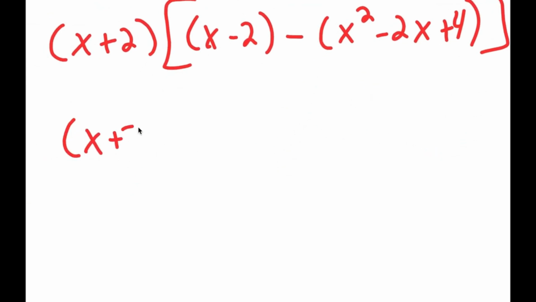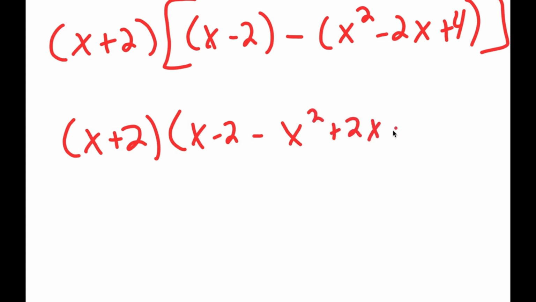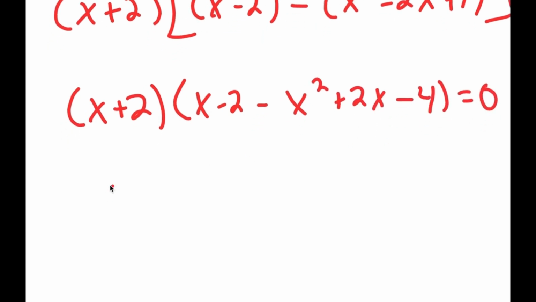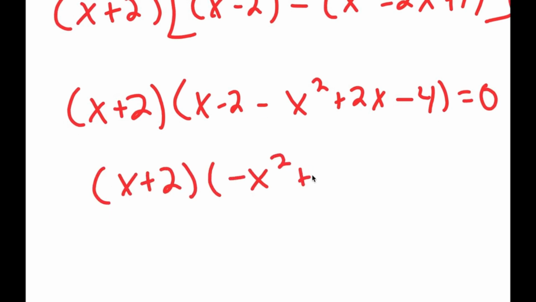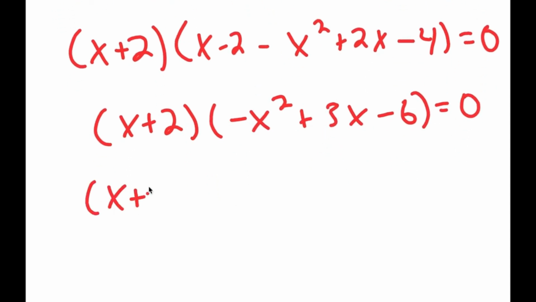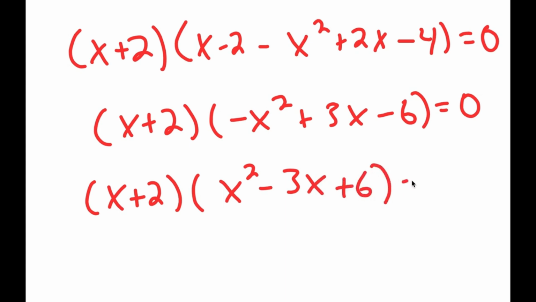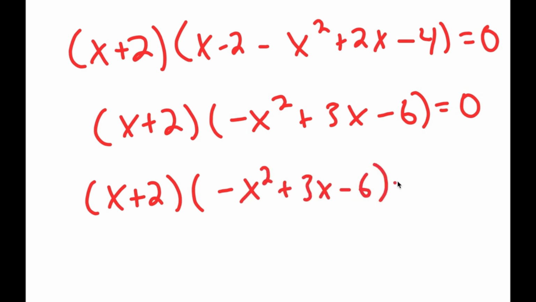And this turns into x plus 2 times x minus 2 minus x squared plus 2x minus 4 is equal to 0, which is equal to x plus 2 times negative x squared plus 3x minus 6 is equal to 0. Sorry, that's not right. This is still negative x squared plus 3x minus 6 is equal to 0.